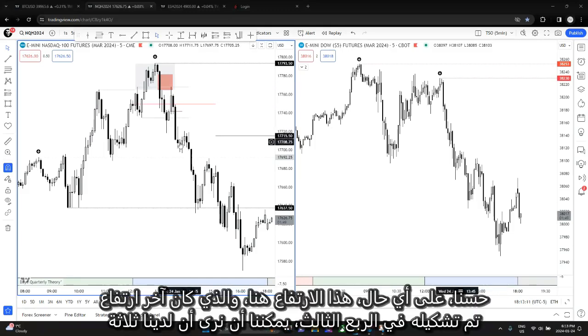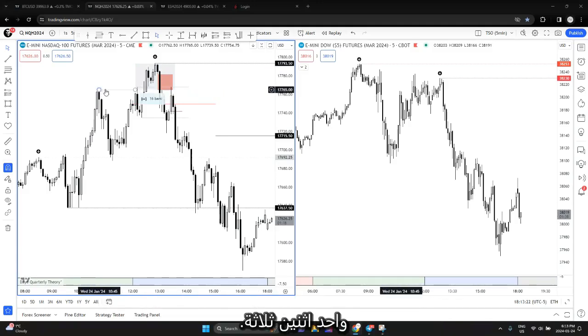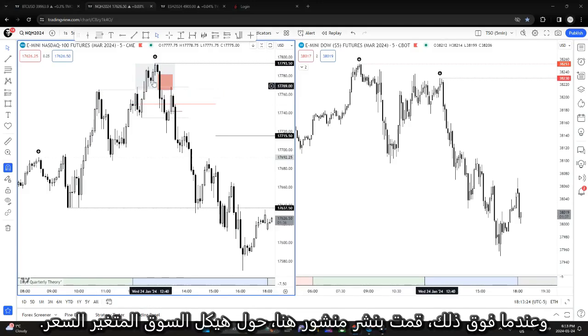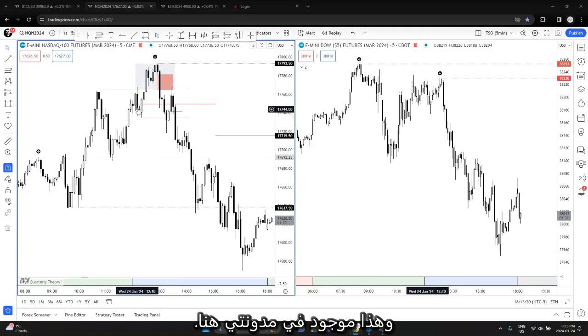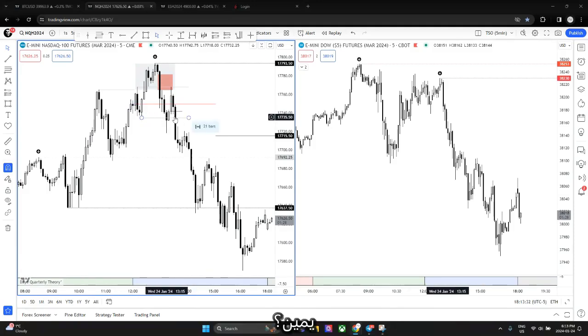Okay, so anyways, this high right here, which was the last high that formed in Q3, we can see that we had a 3 drive pattern above this high, right? 1, 2, 3. Price went above that. I made a post here. Price shifted market structure. This is a micro shift right here, right?